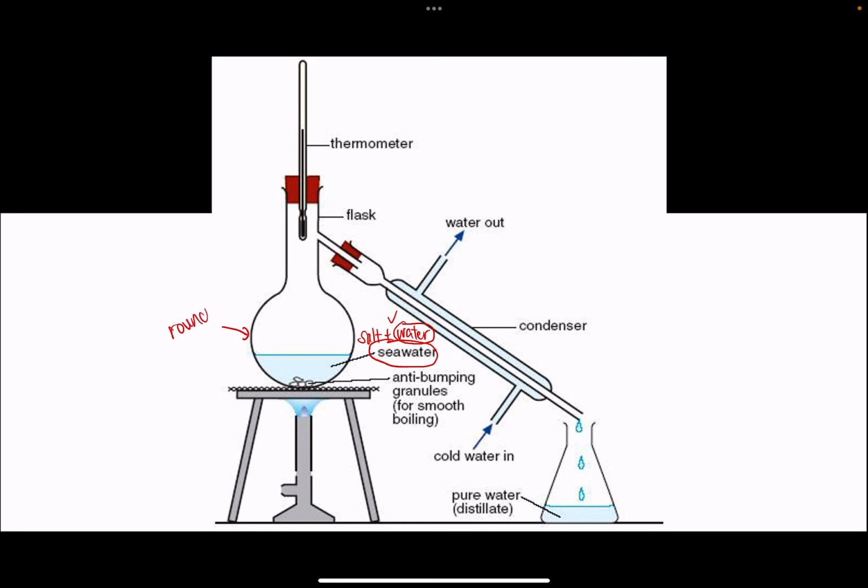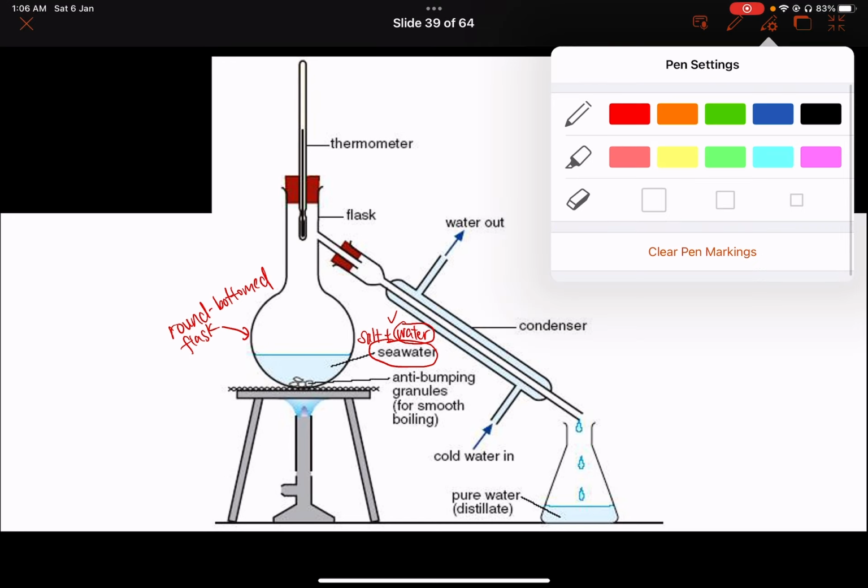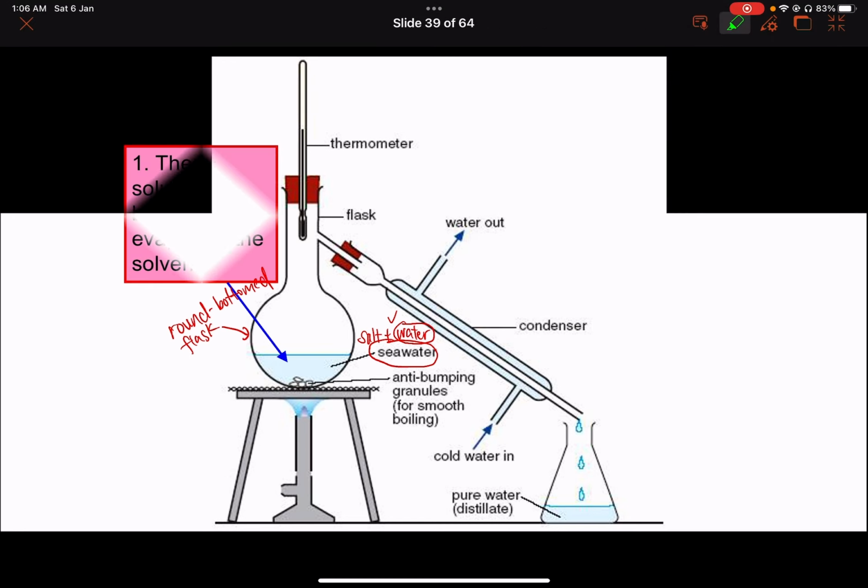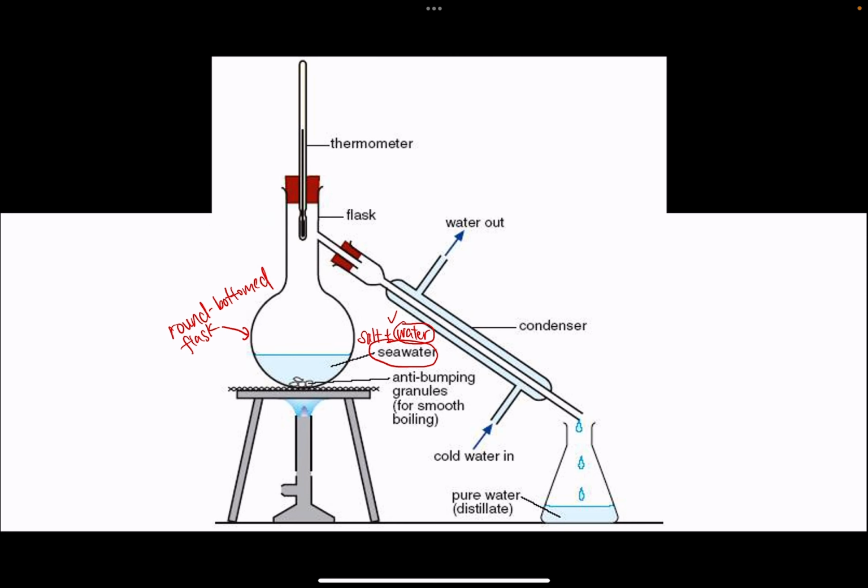This is known as a round bottom flask. Let me introduce some apparatus as well. We'll put the mixture into a round bottom flask together with anti-bumping granules. The main job of the anti-bumping granules is to ensure that there is smooth boiling.